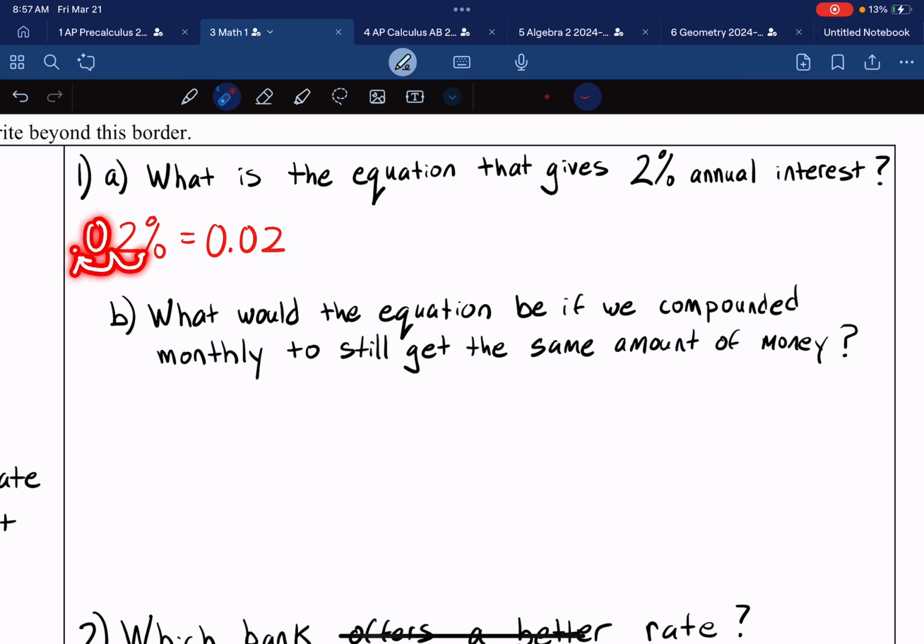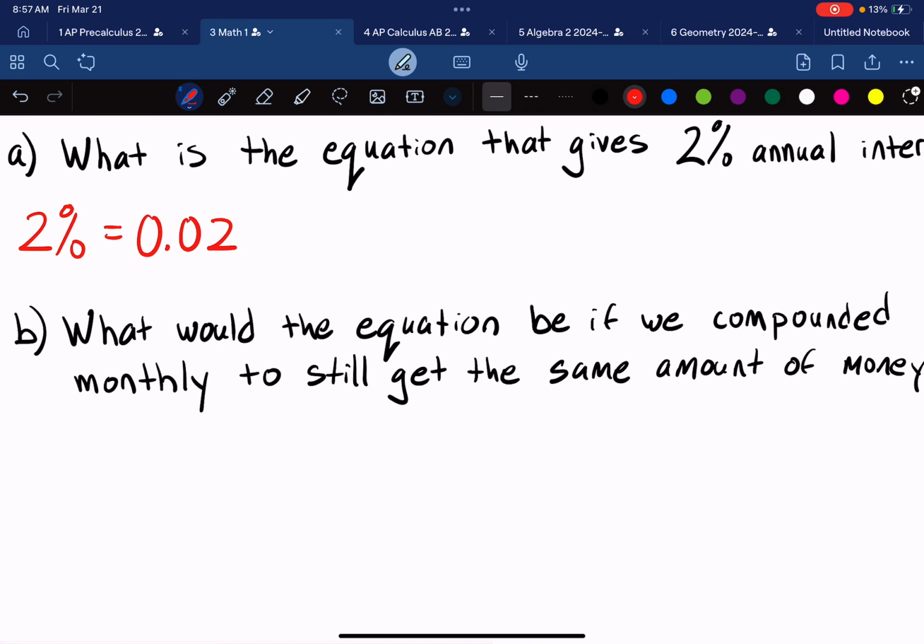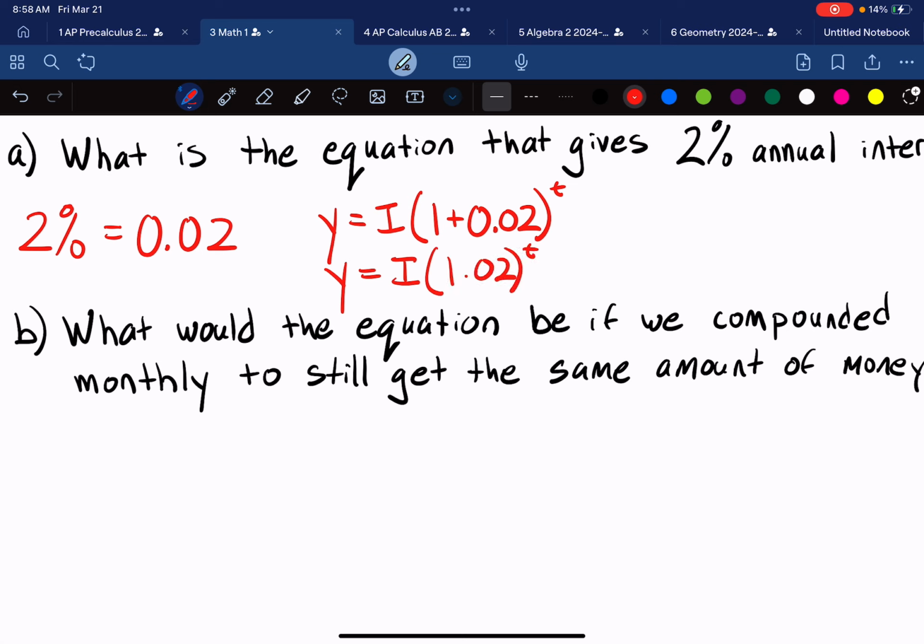So that means if I'm setting up my equation, I would say y is going to be equal to some initial amount times 1 plus the 0.02, to the power of t, and that converts down into y is equal to some initial amount times 1.02 to the power of t.